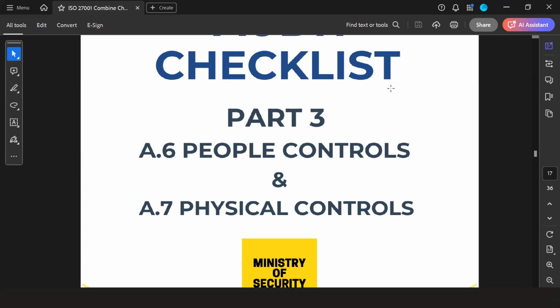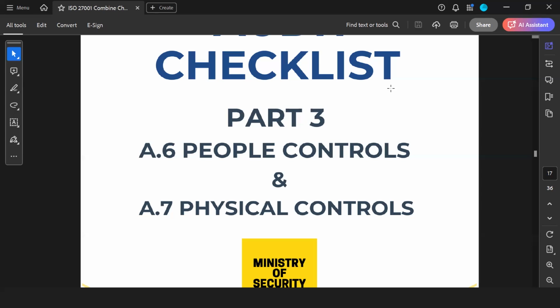HR controls will be handled by the HR team, administrative controls by the admin team. You can't allow these people to work in silos as far as controls and security are concerned. So you have to have a centralized framework which can knit together all these different controls so that you can have a holistic view of the security of an organization.